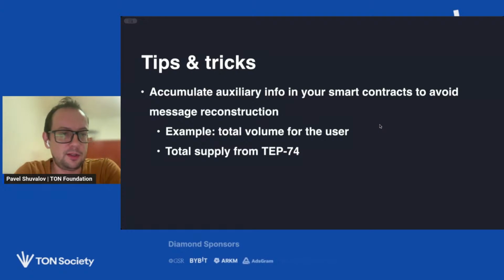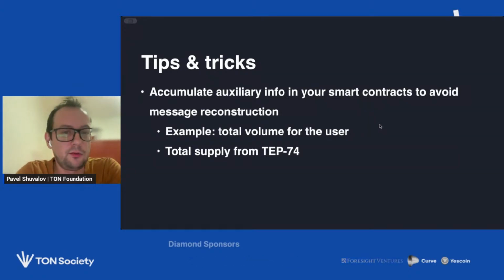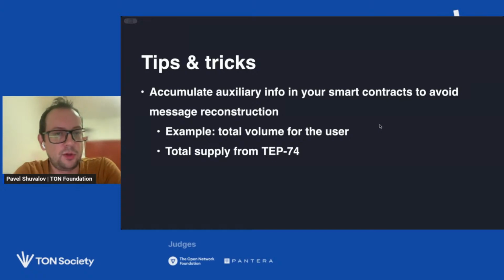If you are building something similar, you can just add some metrics that it is possible to accumulate and store in one smart contract, and get it when you need it. For example, you can accumulate total volume for every user and get it directly from the smart contract without full indexing.